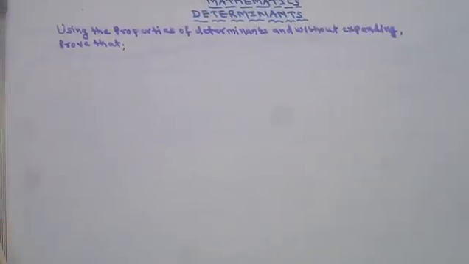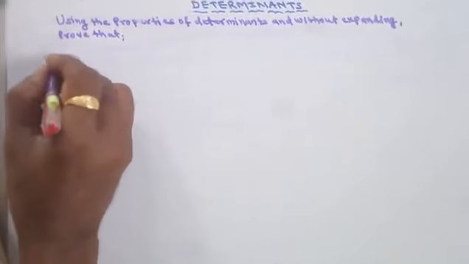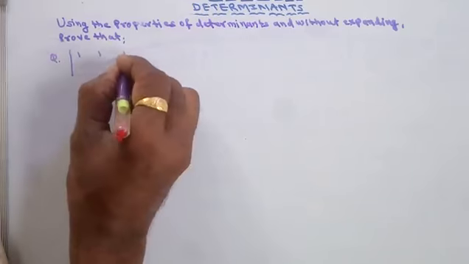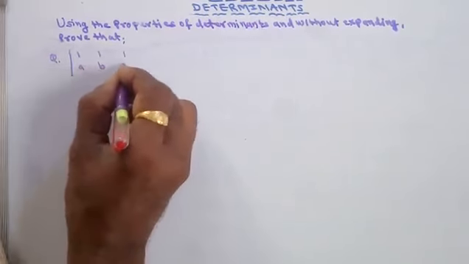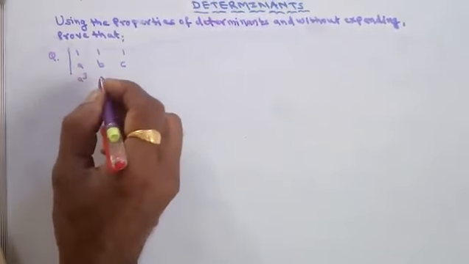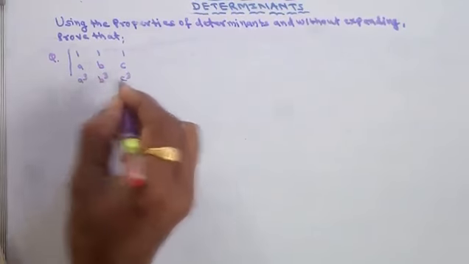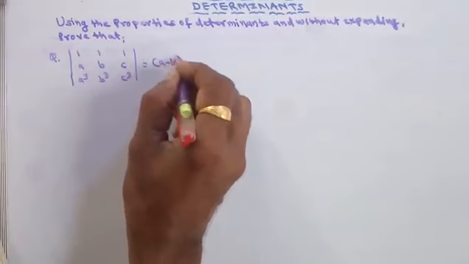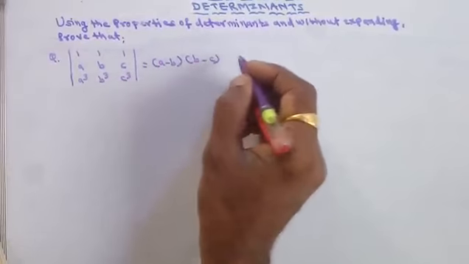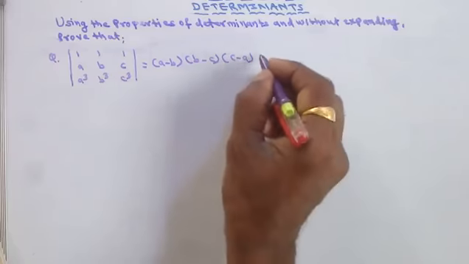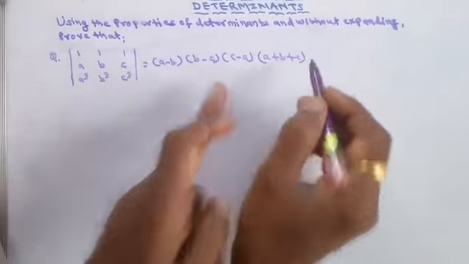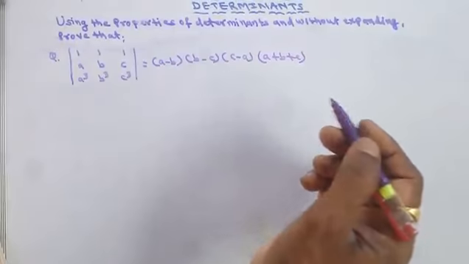Show that the determinant with rows 1, 1, 1; a, b, c; a cube, b cube, c cube is equal to (a − b)(b − c)(c − a)(a + b + c). Now we have to prove that the value of this determinant is (a − b)(b − c)(c − a)(a + b + c).